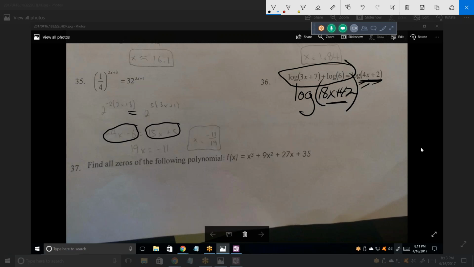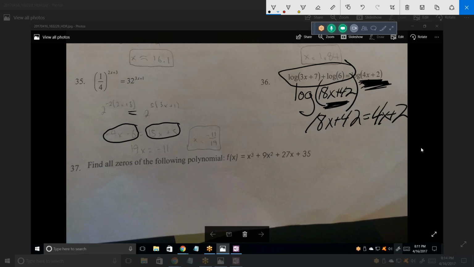Like I said, if I've got the log of one thing, 18x plus 42, equals the log of another thing, 4x plus 2, then my one thing has to be equal to my other thing. So it's 18x plus 42 equals 4x plus 2.